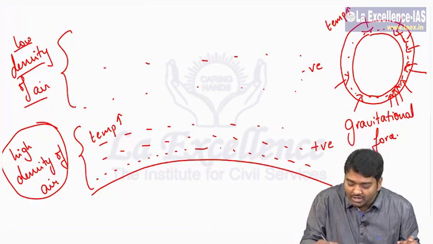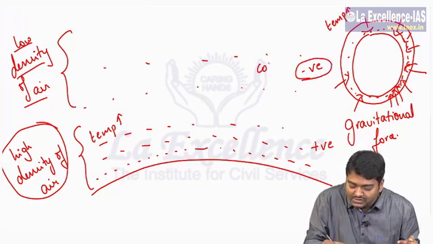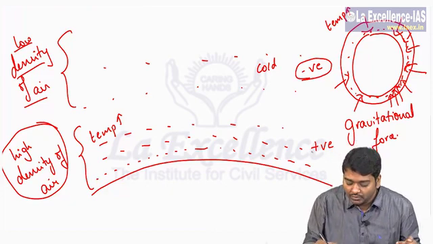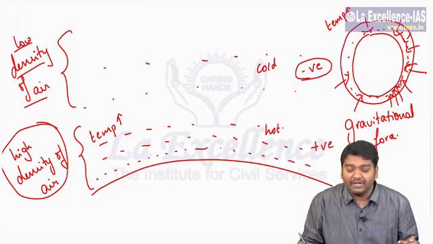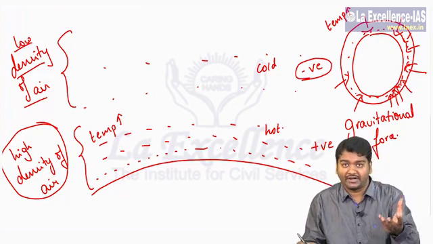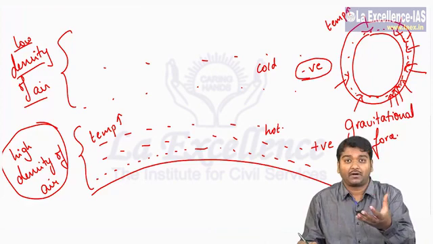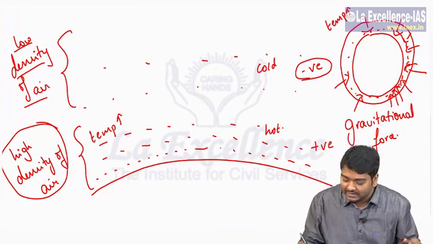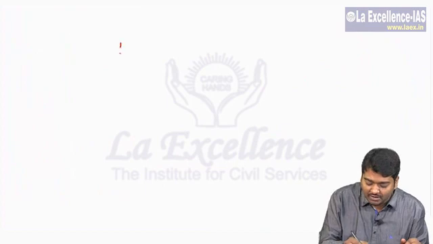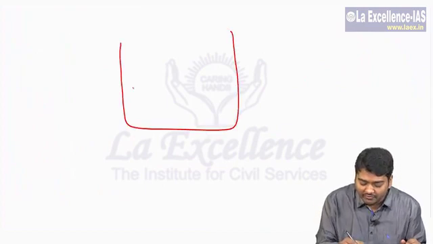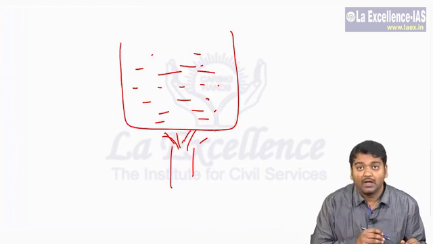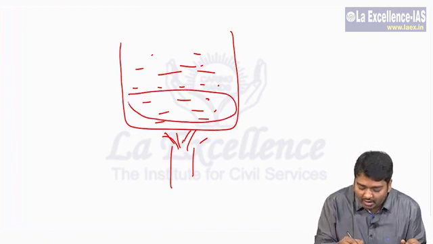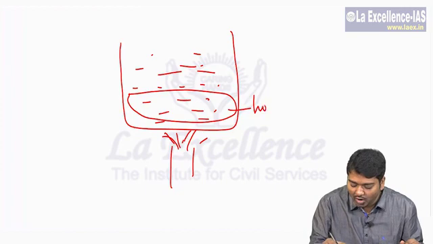Correct? When I am talking about less temperature, it means cold. When I am talking about more temperature, it means hot. Now I have already given this example about the convection current, where with the help of water I explained the concepts. Similarly, when you take a bowl which has water and you heat it, the lower portion will get heated and be hot.